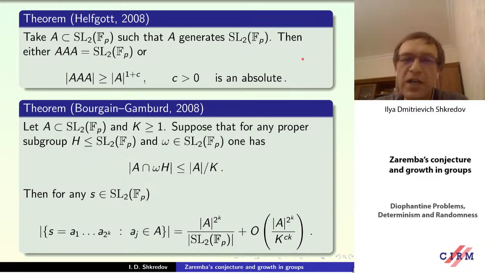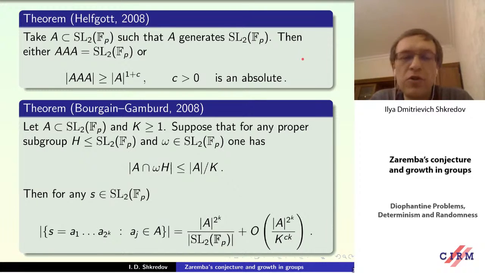So it's a very strong exponential growth result in one group, but after that Helfgott's result was generalized in several directions. And actually this result implied the following result on uniformity, which is even more surprising.